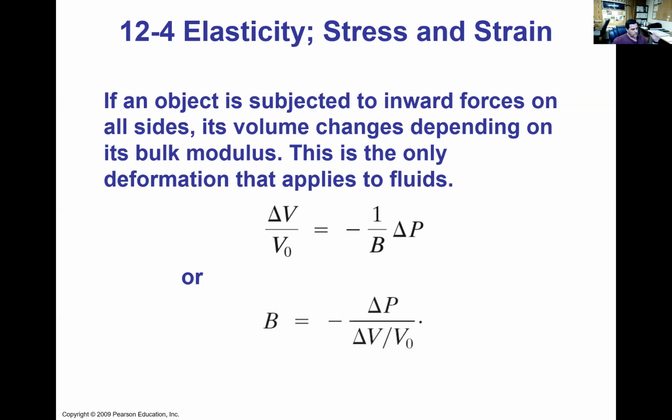So delta V is change in volume, V sub 0 or V naught is original volume, B is your bulk modulus, delta P is the change in pressure or stress or force per unit area. So if it's a negative sign, volume decreases as pressure increases. So this negative sign here, volume decreases, pressure increases, and vice versa.